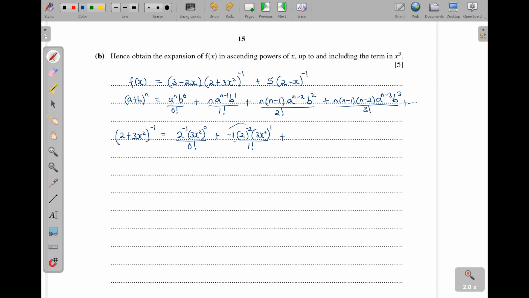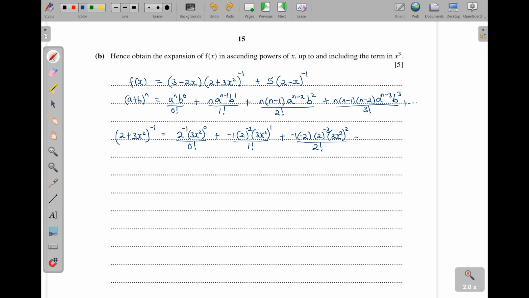We shall get negative 1, then times negative 2. Then the 2 here will be to the power of negative 3. And then 3x squared here will be to the power of 2, and then divide by the 2 factorial. Remember, when you add these powers, you see negative 2 plus 1, and also negative 1 plus 0. All of these powers give you the one that is there.